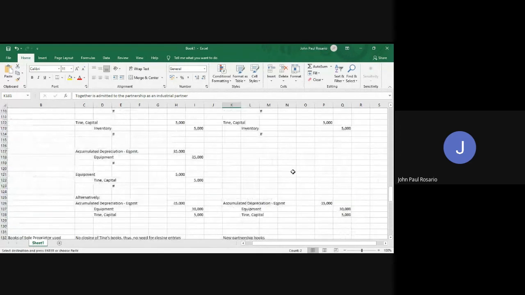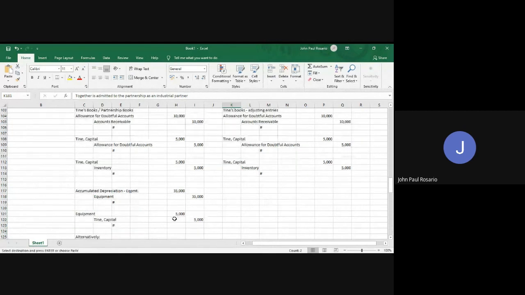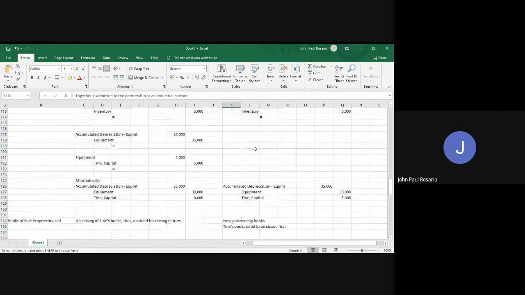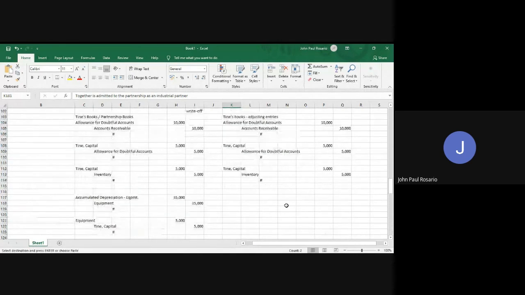So let's say Tyne and Sarawat form a partnership, and Tyne and Sarawat are both sole proprietors. Okay? So in Tyne's books, we will do these adjustments. We will still record these adjustments in Tyne's books. And on Sarawat's books, we'll also do adjustments if needed, if it is in the agreement.